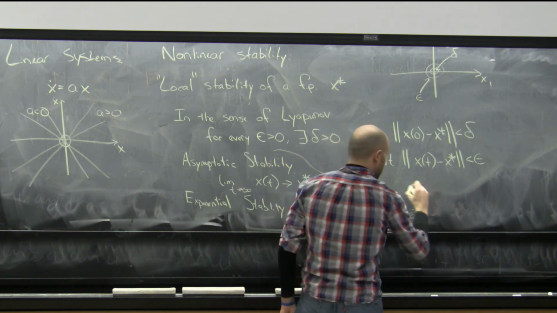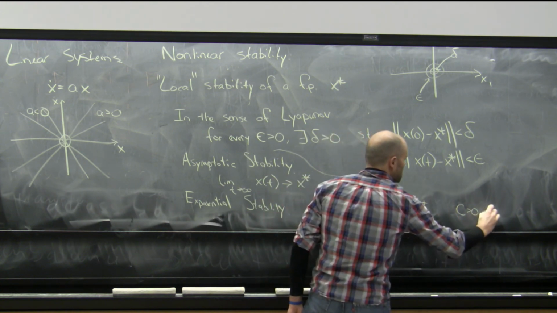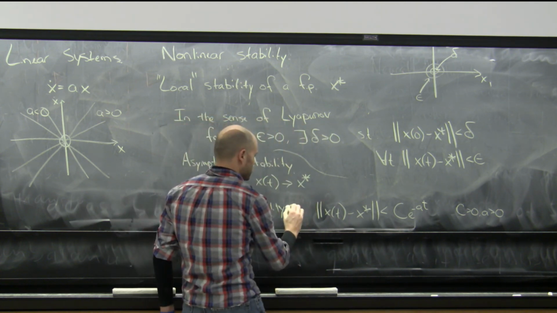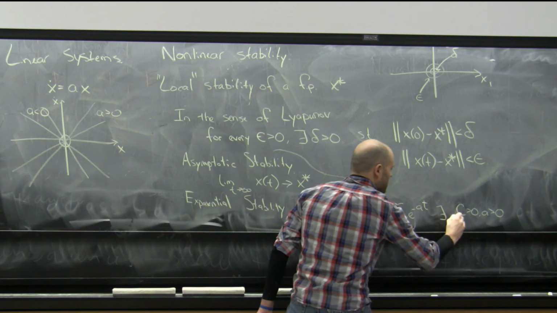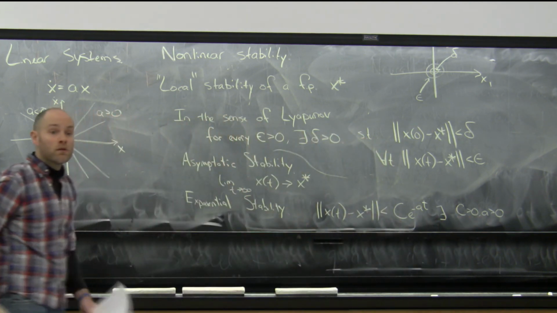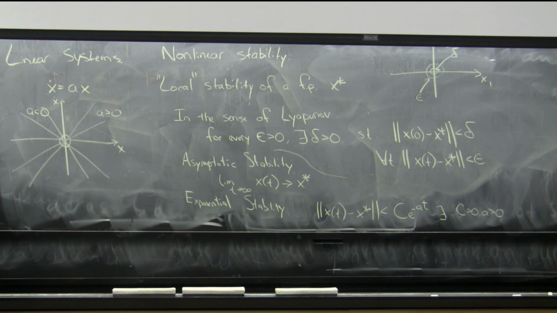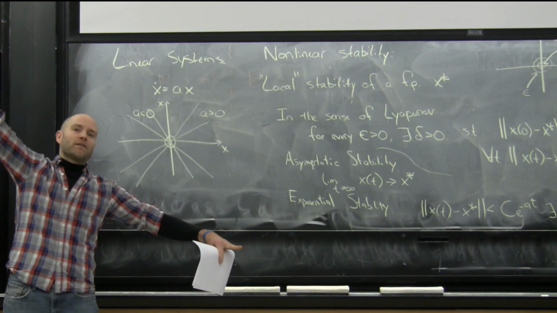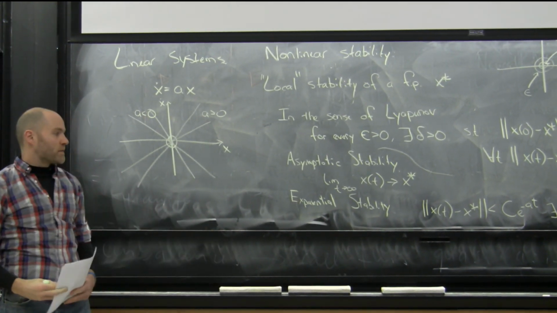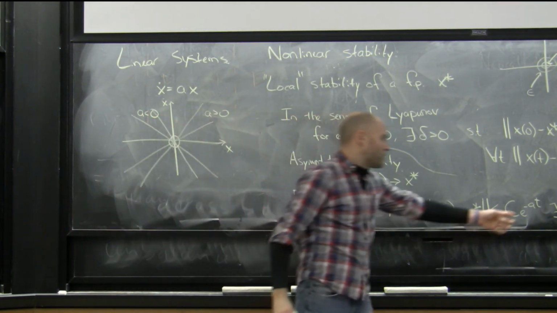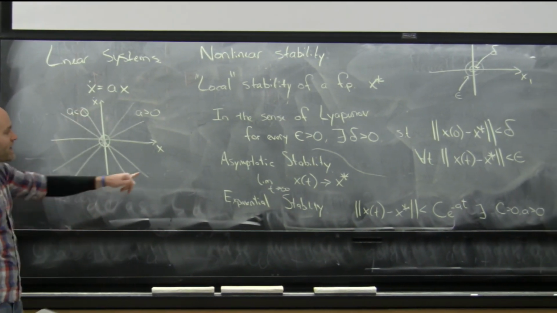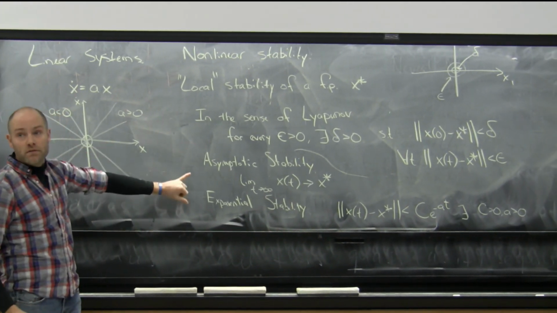So there exists a C and A, positive, such that this is true. If I draw the curve of the distance between you and the fixed point, it should live under an exponential curve. That tells me something about the rate. This A parameter tells me how fast I can expect to converge. So they're related, but slightly different.